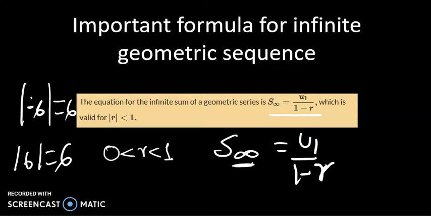Even if I put something like minus 5, when it comes out it's 5, but 5 is not less than 1. So it has to be between 0 and 1, but it does not include 0 or 1.